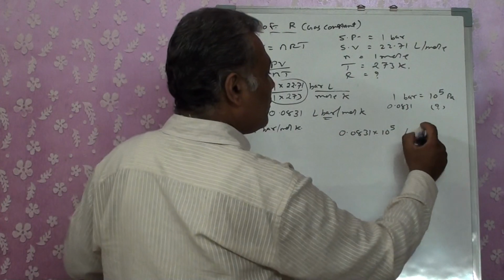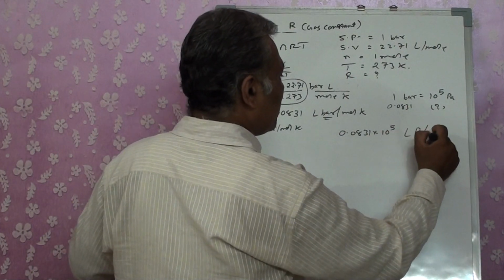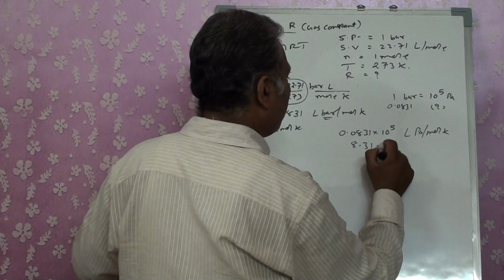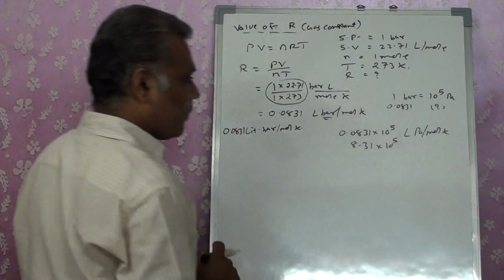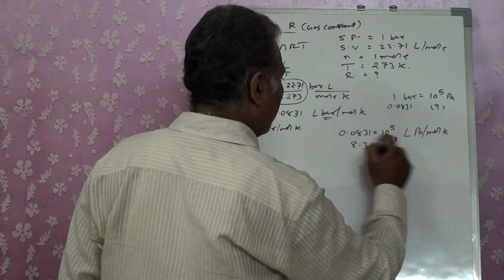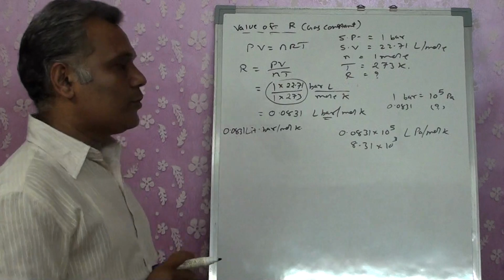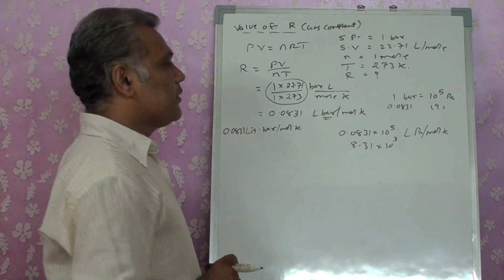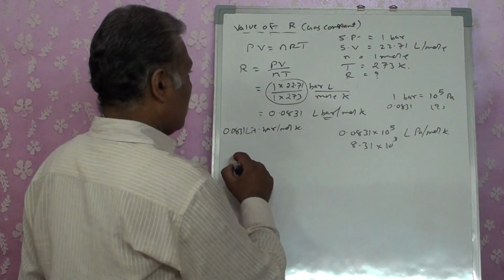The unit will become liter Pascal per mole Kelvin. That is 8.31 into 10 raised to 3 liter Pascal per mole Kelvin. Right? Similarly, we know 1 bar.